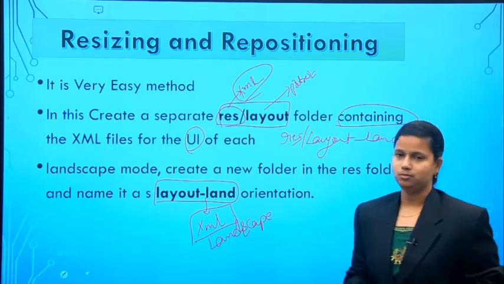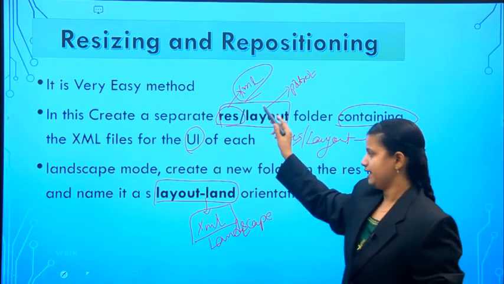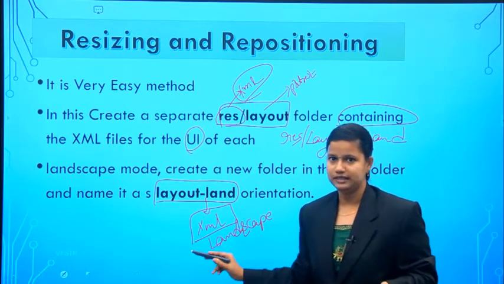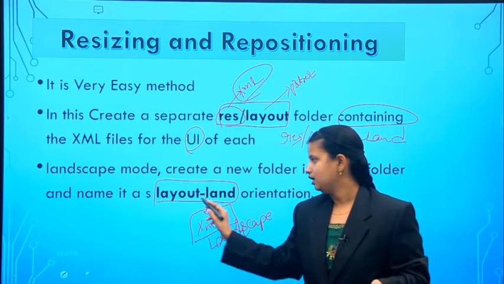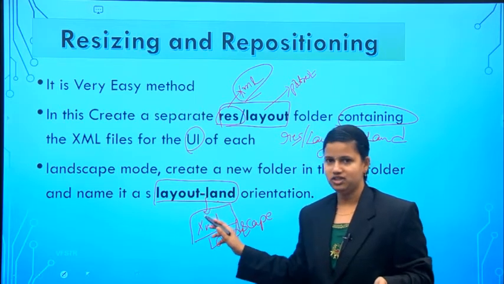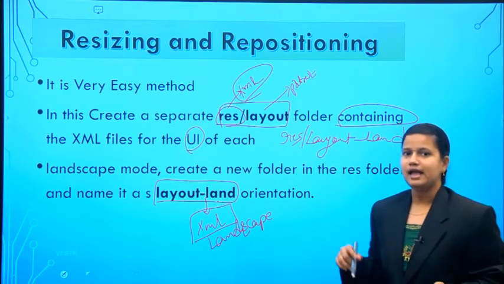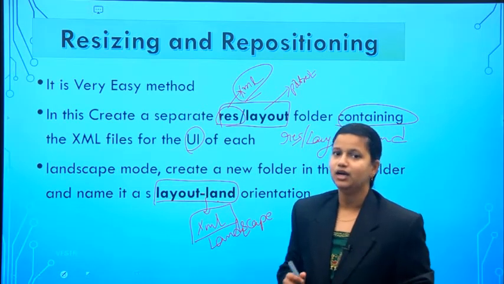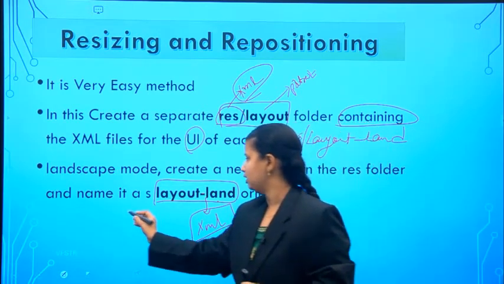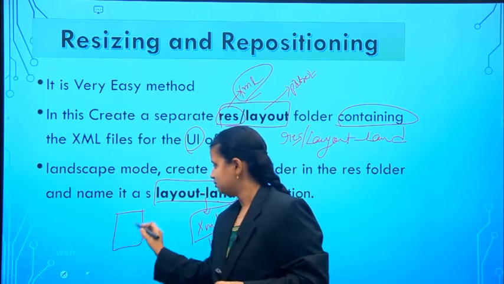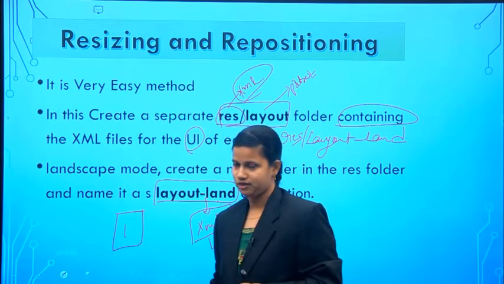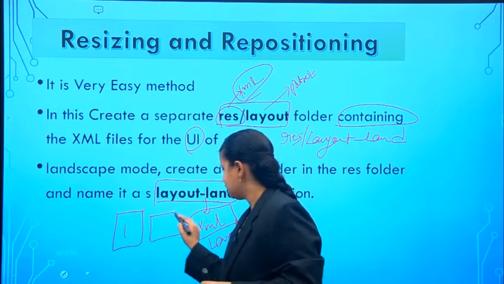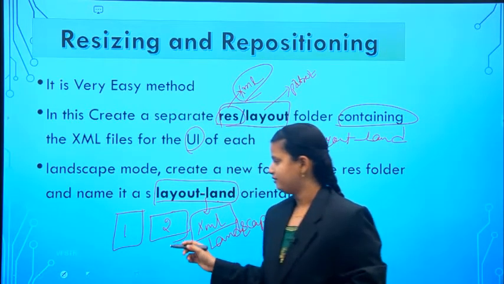It will contain the portrait mode. I want to create one more folder, and the folder name is layout-land. In this we maintain a landscape mode file. That means we create the user interface in two different files: for portrait we create one XML file, and for landscape mode a separate file.